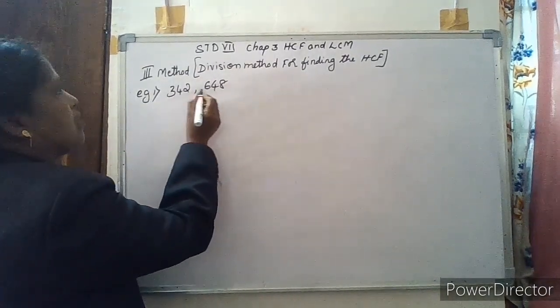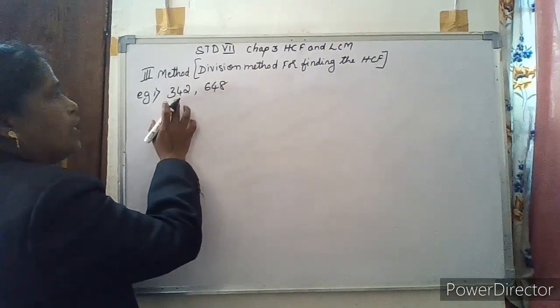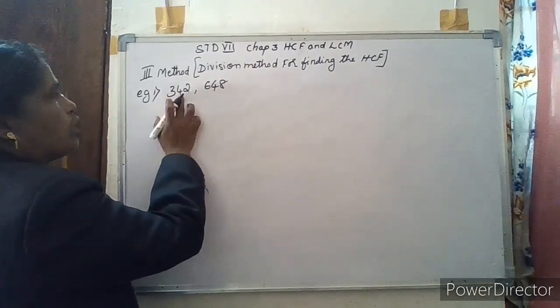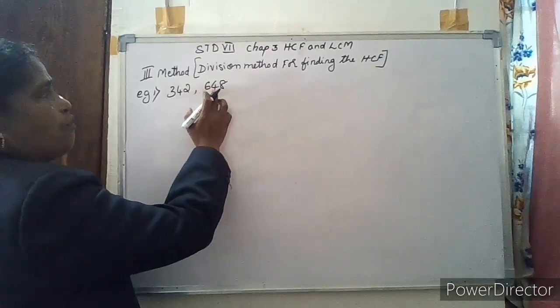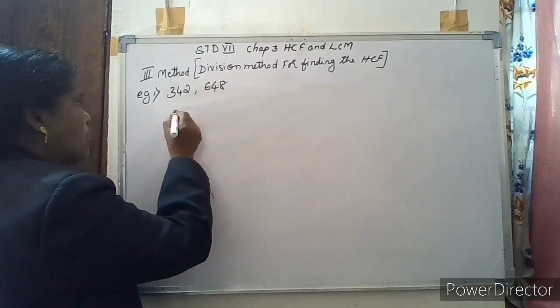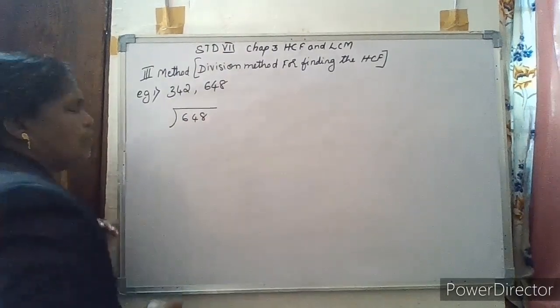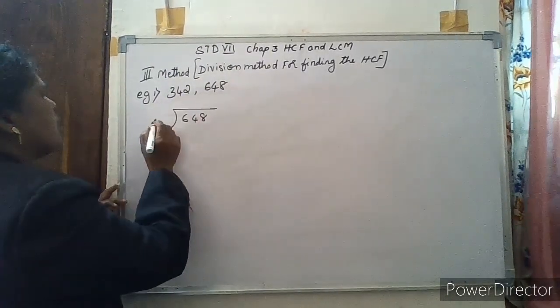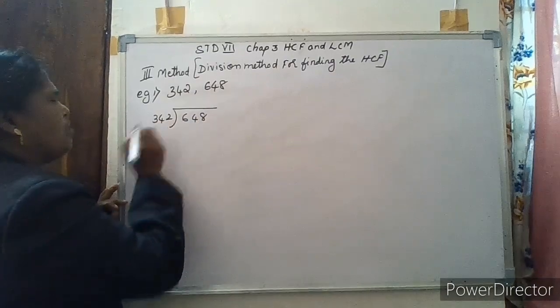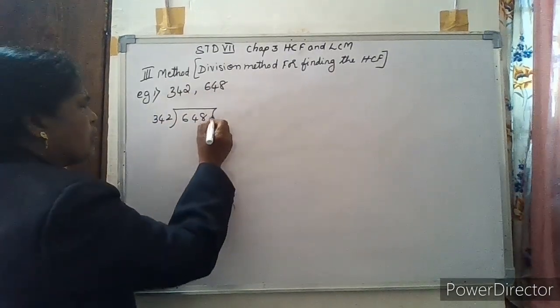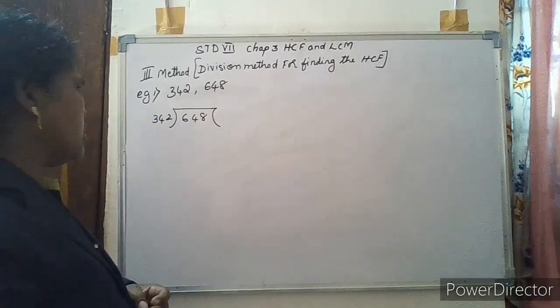Take the smaller number among these two. 342 is the smaller number, 648 is the bigger number. So take 648 as the dividend and 342 as the divisor. You have to do simple division.